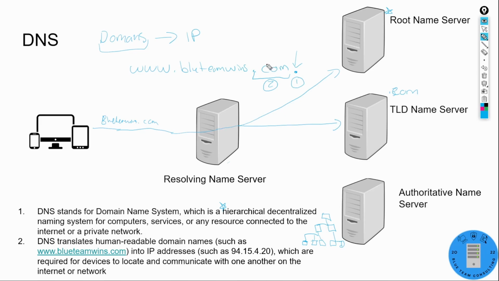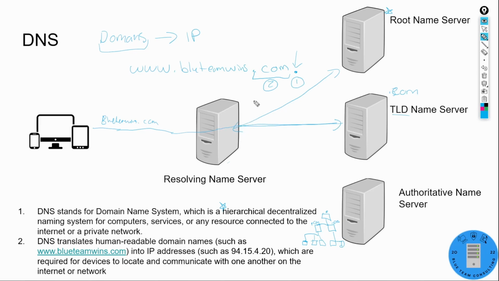This can be .com, .org, .edu, and the correct top level domain based on the organization will say, okay, I am a .com. I know where .com needs to route to based on my top level domain name service. It's using a hierarchical structure with root being at the top, and now I've found .com instead of .edu, and it will say, I have the information you need to go to .com.